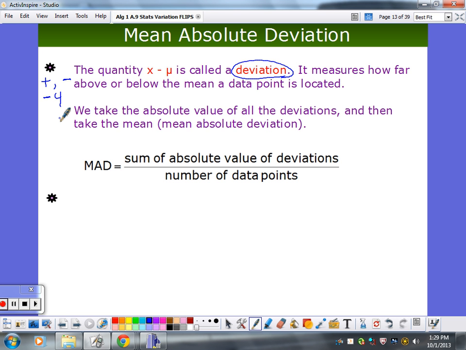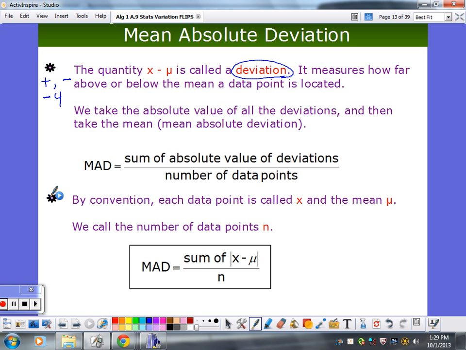Now what we do is we take the absolute value of these deviations and then we take the mean of all of them. That's what we were doing. So we take the sum of the absolute value of the deviations and divide by the number of data points. Isn't adding stuff and dividing by the number of data points a mean? So the MAD is a mean, the mean of the absolute values of the deviations. Now I'm going to write it like this.